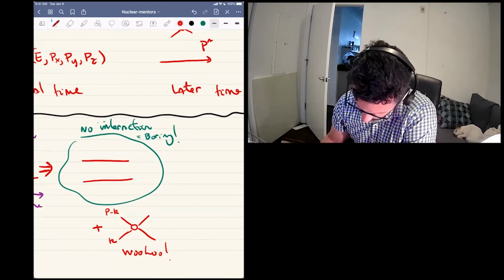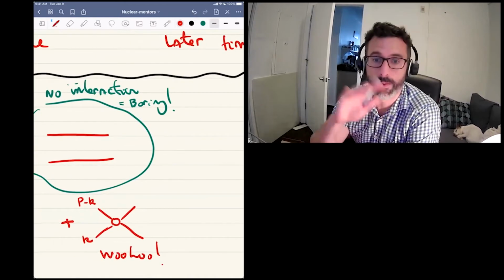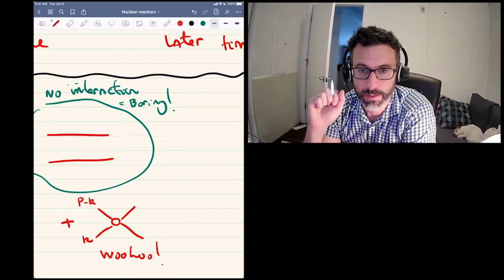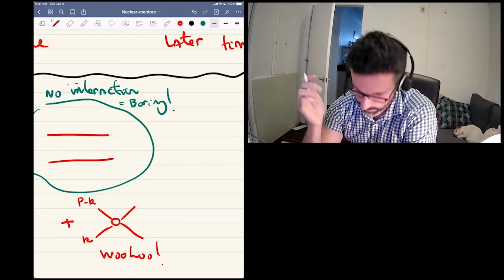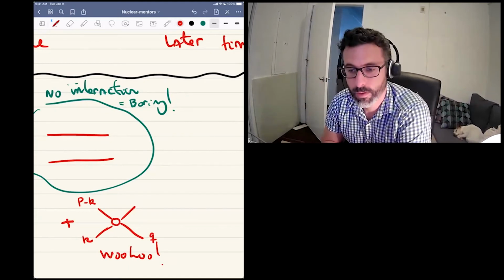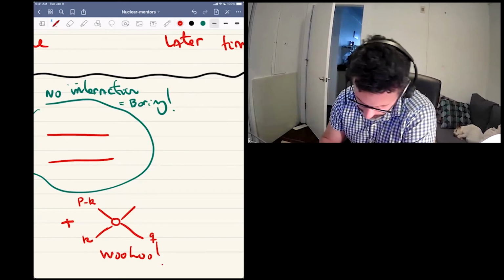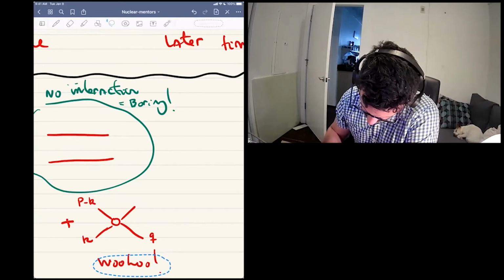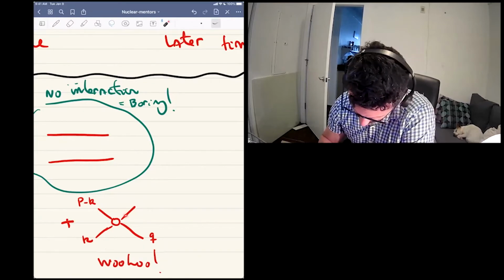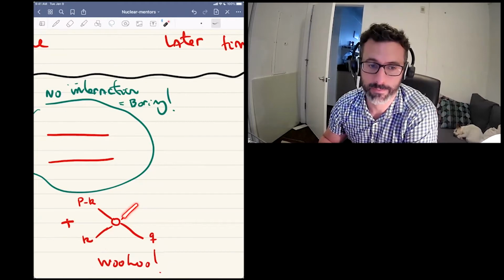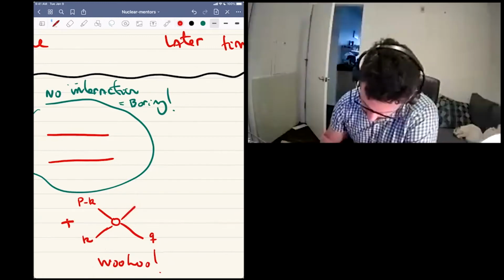The total momentum has to be conserved. But I can make this q. There's nothing stopping me from giving this particle some momentum q. So what momentum does this have to have? p minus q. Very good, awesome.